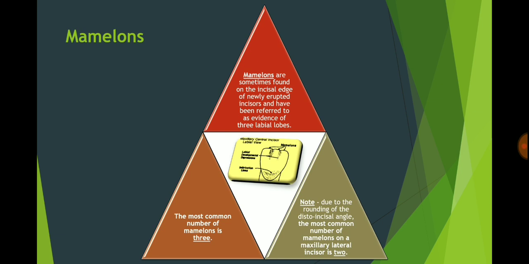So because it's more rounded, when we discuss the lateral, the 3rd mamelon, the distal labial mamelon, is not there, so you only have 2 mamelons. Okay, that's a very good board question that you have to pay attention to.